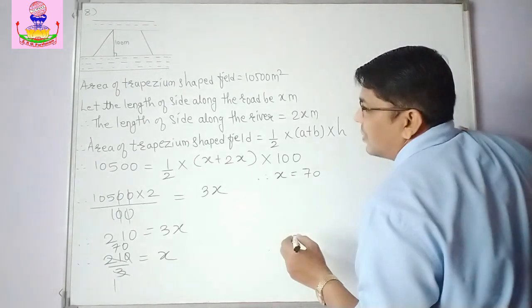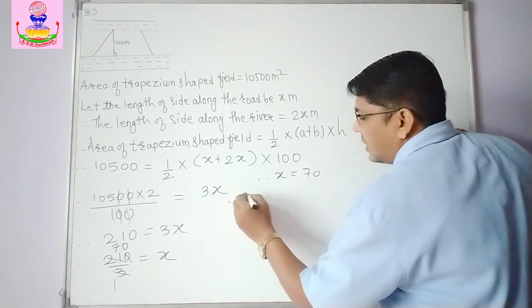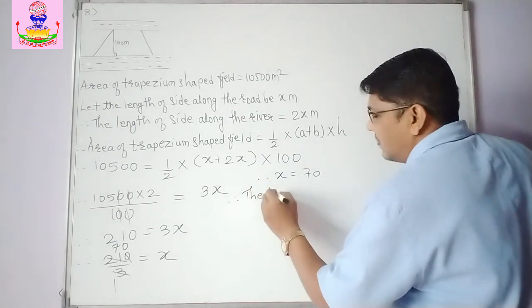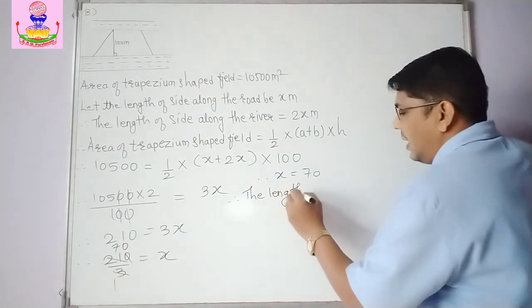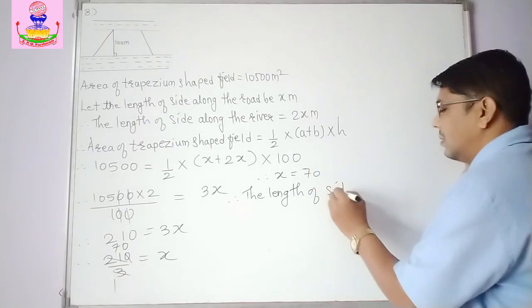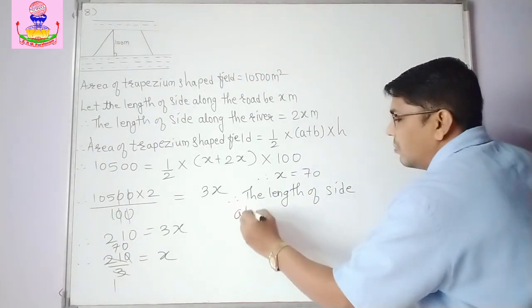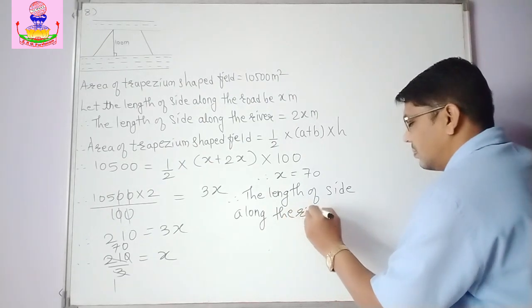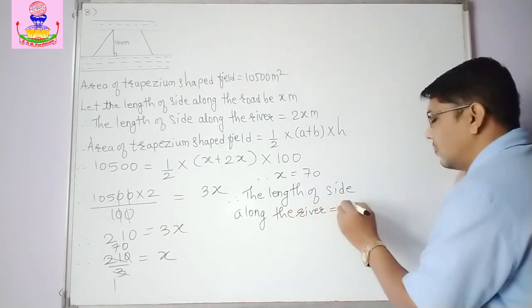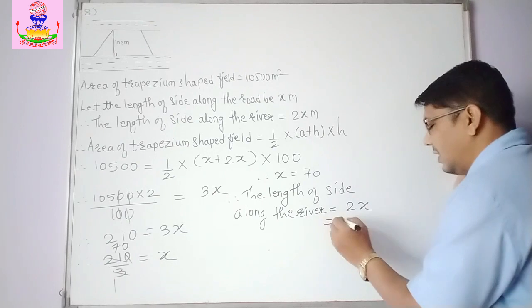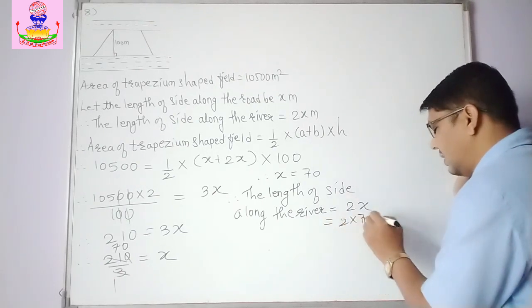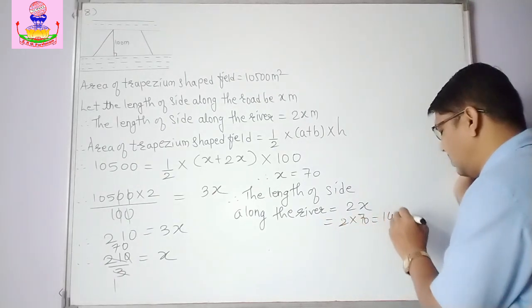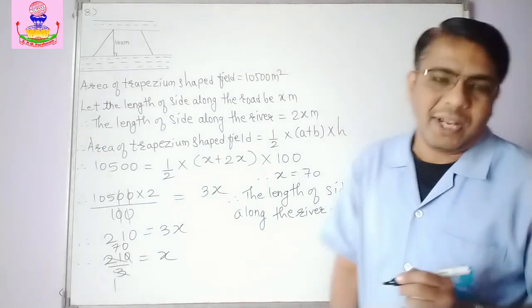I want to find the length of the side along the river. So therefore the length of the side along the river is equal to 2x. So that is 2 into 70, that is 140 meters.